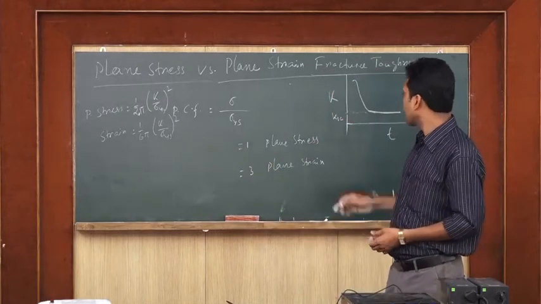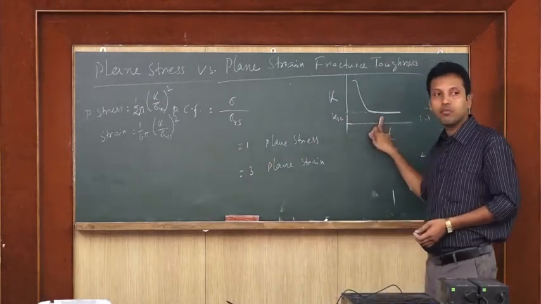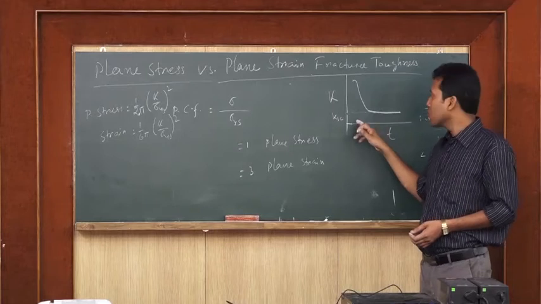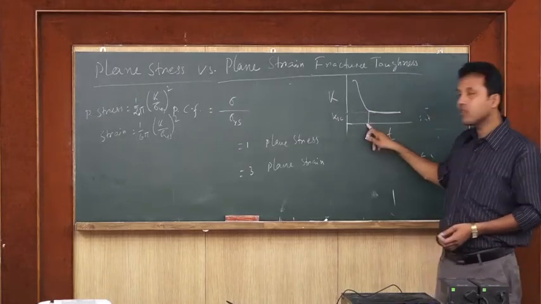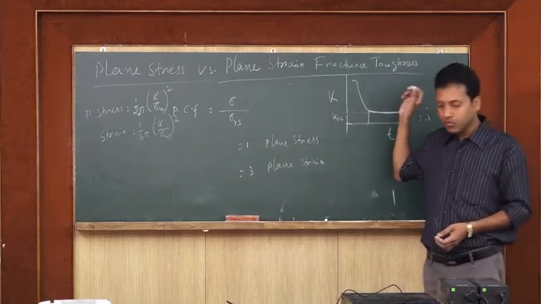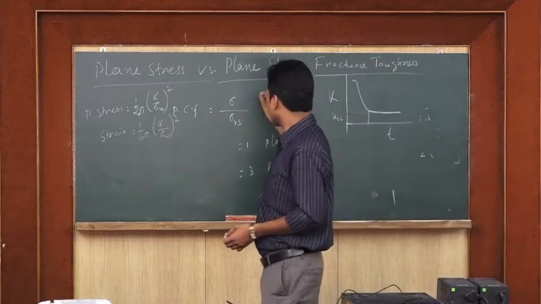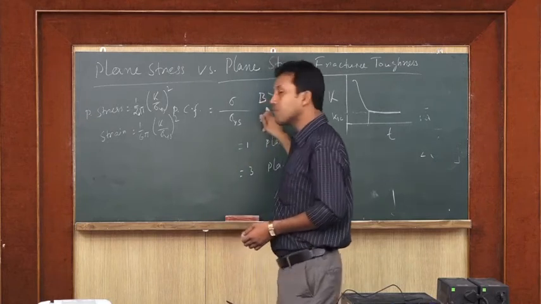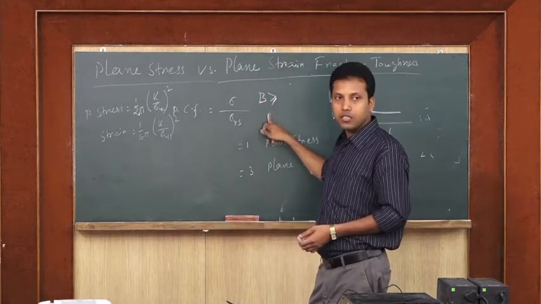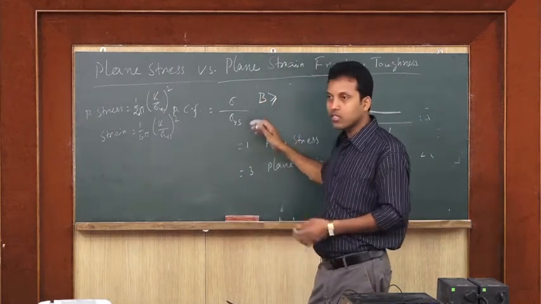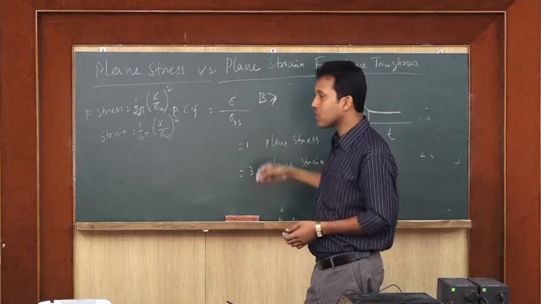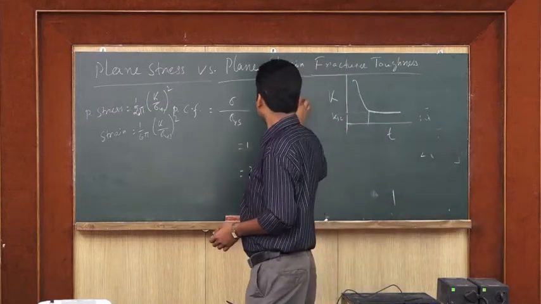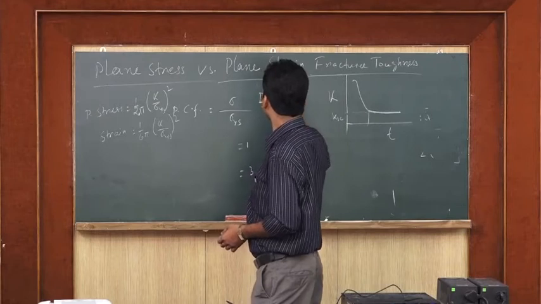So, obviously for doing a test we have to take specimen thickness which is at least higher than this thickness level, and that thickness B is, you can say, for doing a fracture toughness test, B is used as the specimen thickness.